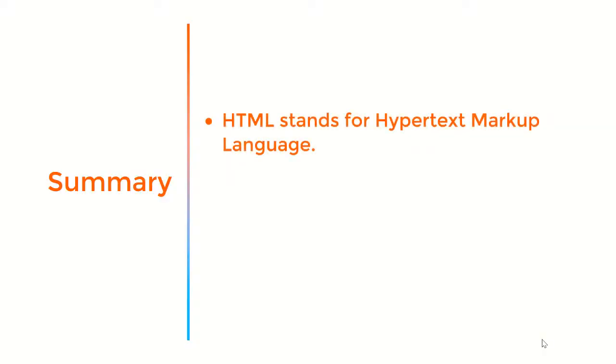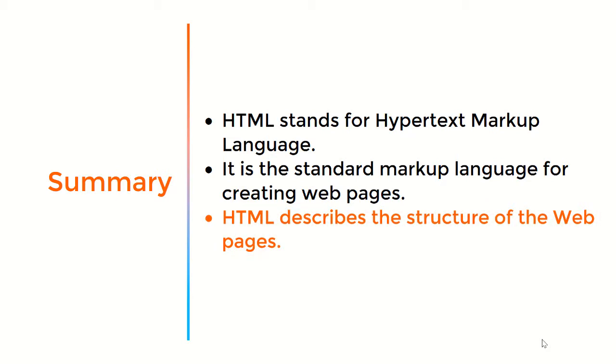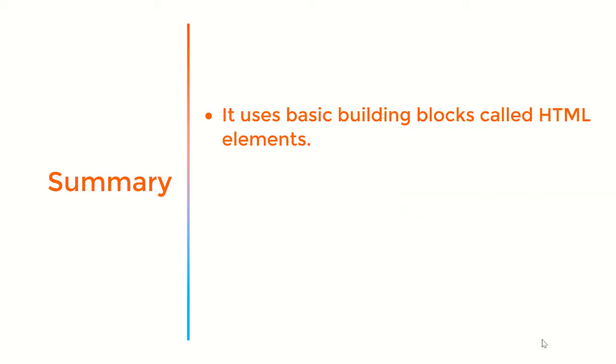In summary, HTML stands for Hypertext Markup Language. It is the standard markup language for creating web pages or documents designed to be displayed via web browsers. HTML describes the structure of web pages using basic building blocks called HTML elements. The elements tell the browser what content to display.